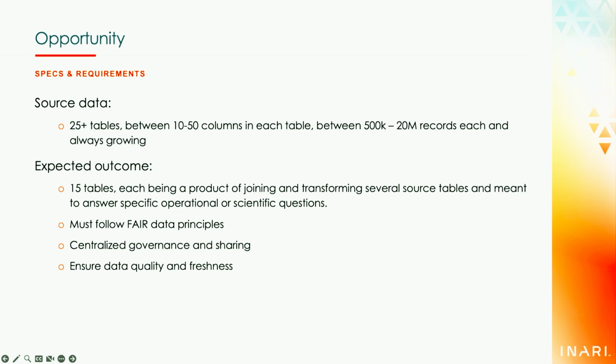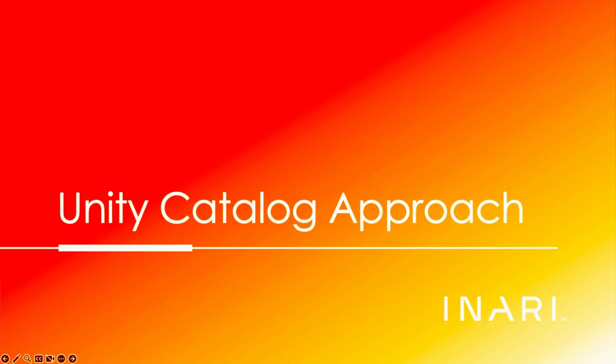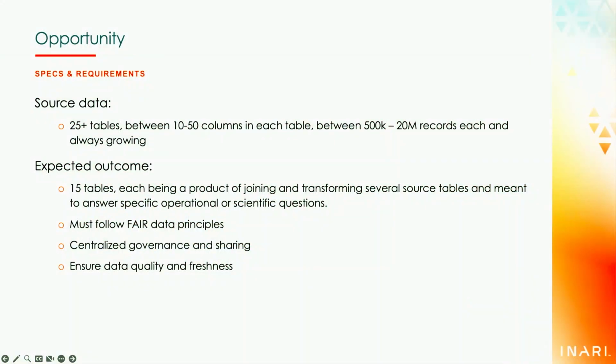So we really wanted to get that down and also have centralized governance, because some of this data had proprietary information which was not supposed to be shared with everyone. We also wanted to ensure data quality and freshness. So when someone downloads a report and puts it somewhere, it's not getting stale and getting shared around.